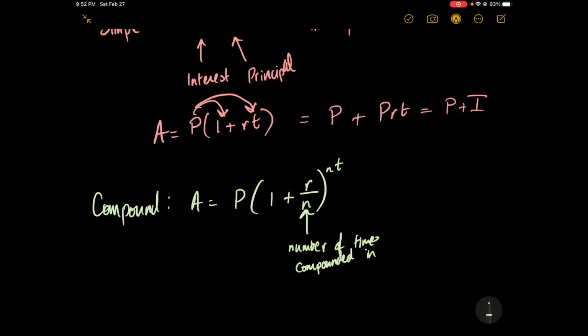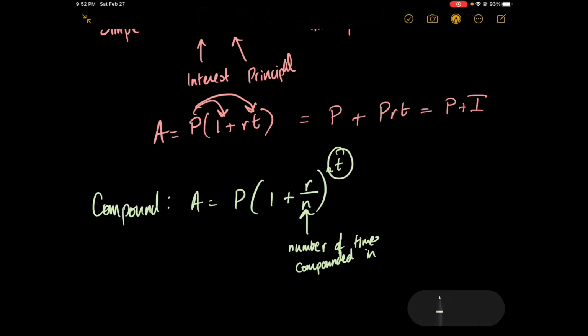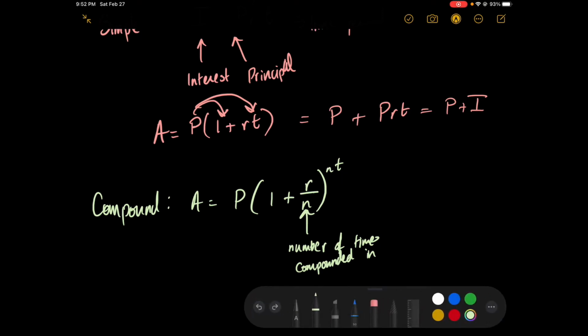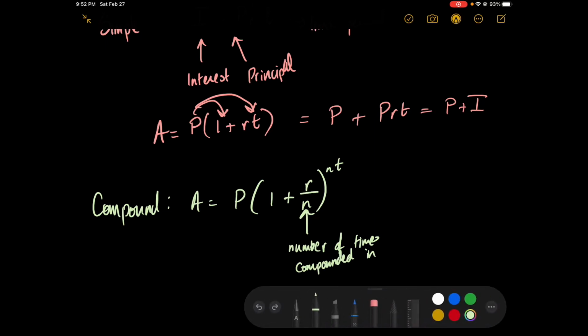So if it was compounded every month, this N value would be 12, because given that the T value is in terms of years, every month would be 12 times.